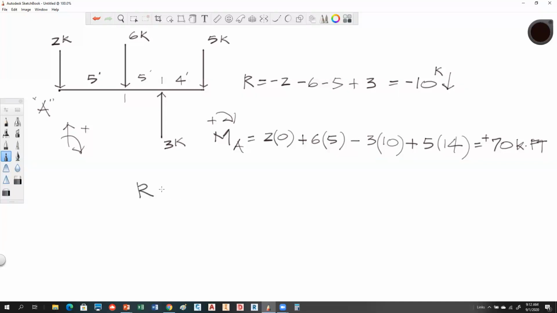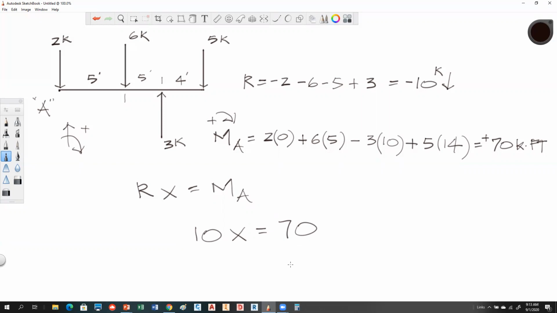So here's what you're going to say now. R times X has to equal the moment at A. The moment of the replacement system has to be equal to the moment of the original system. So we know what R is. R is 10, so 10 times X equals 70. Again, this is saying that it's down, but that isn't negative, because if this is a positive moment, this has to be a positive moment. You can't change the signs.